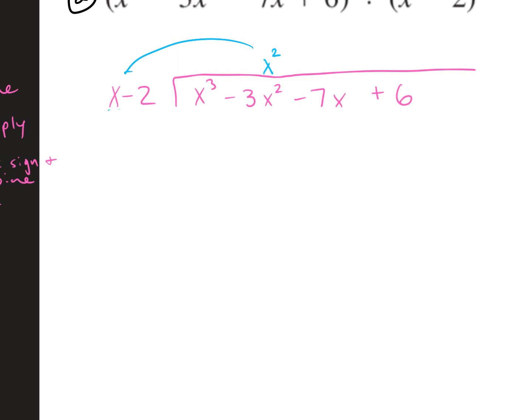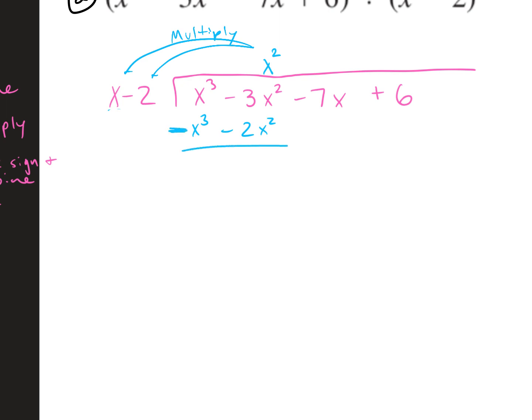So we multiply that times both things out front. So x squared times x would be x to the third power. It's always going to be the same thing you just got, the same thing from right above. Same thing we just divided. What is x squared times negative 2? Negative 2x squared.